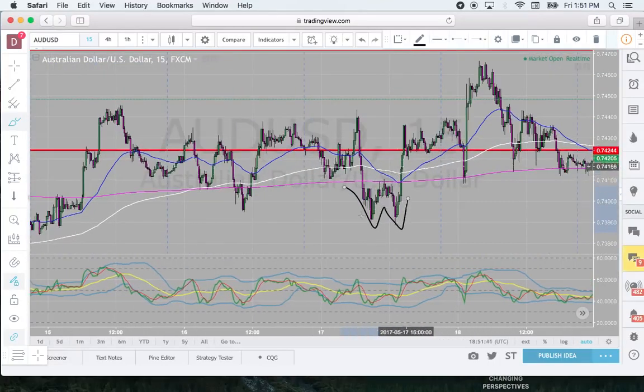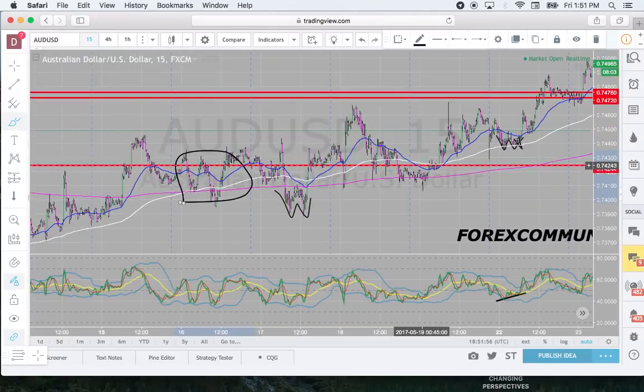And another thing to point out is when a W or M is made above or below all three EMAs, it is a reset in the original trend.